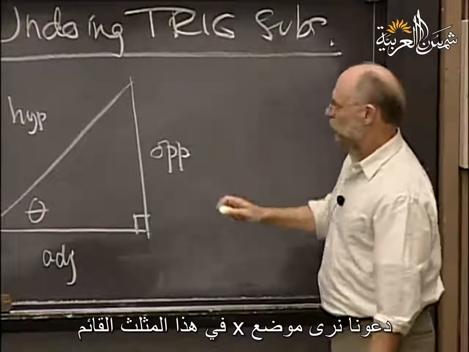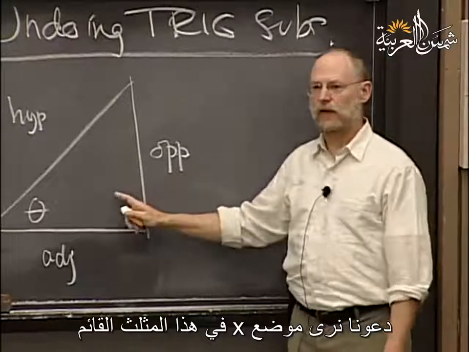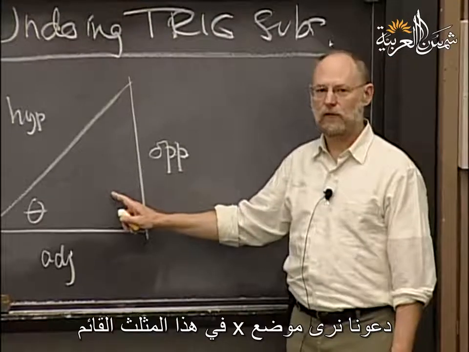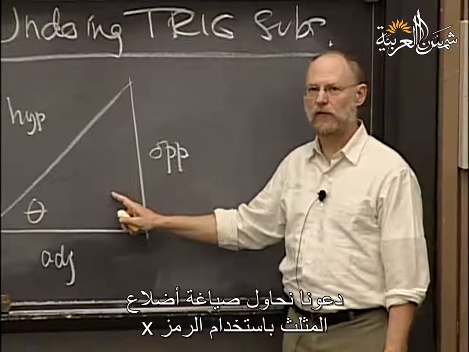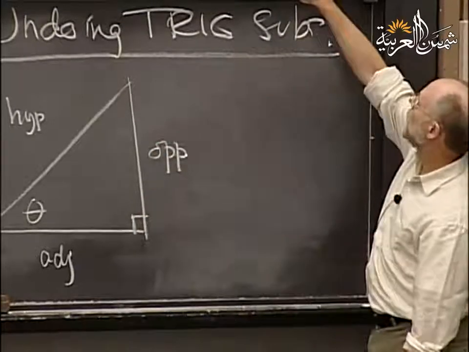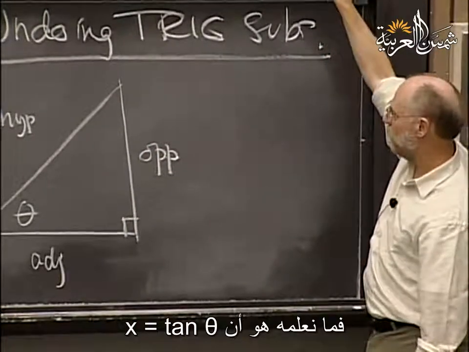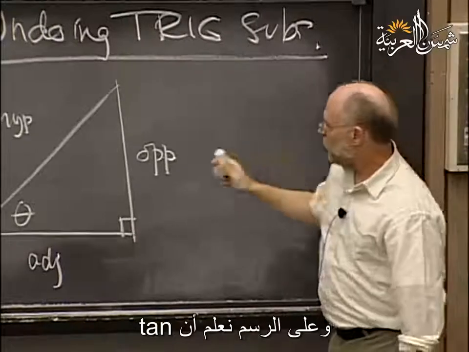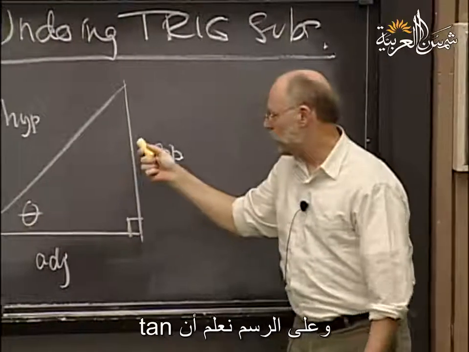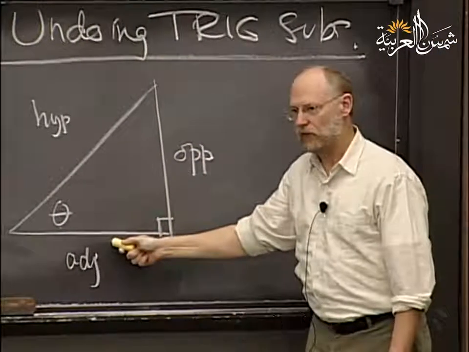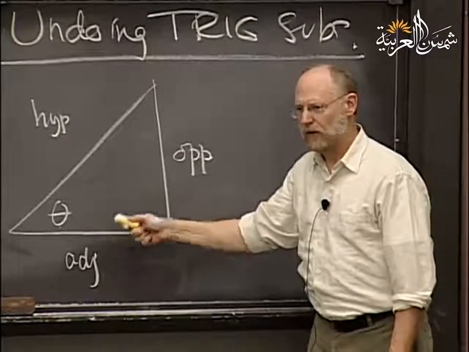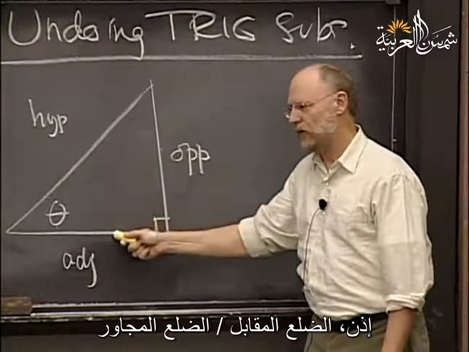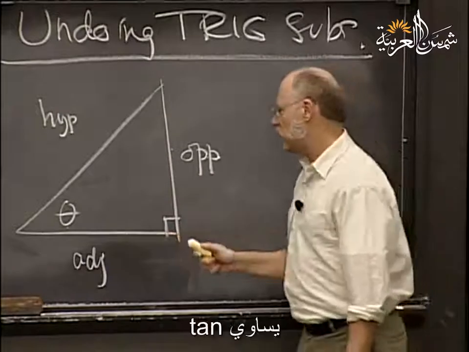Now, let's find out where x lies in this triangle. Let's try to write the sides of this triangle in terms of x. And what I know is x is the tangent of theta. So the tangent of this angle is opposite divided by adjacent. Did you learn SOHCAHTOA? Okay, so opposite divided by adjacent is the tangent.